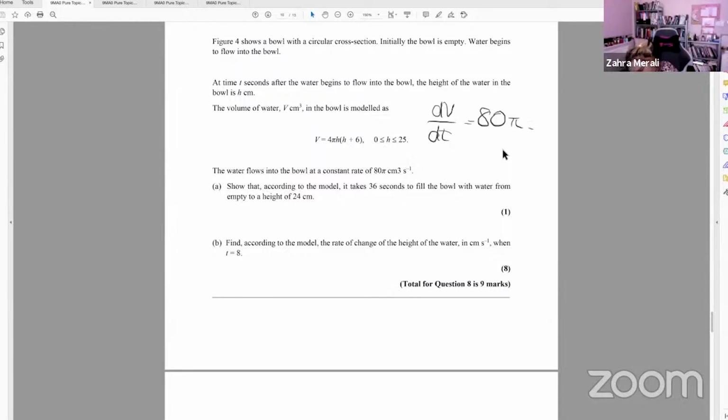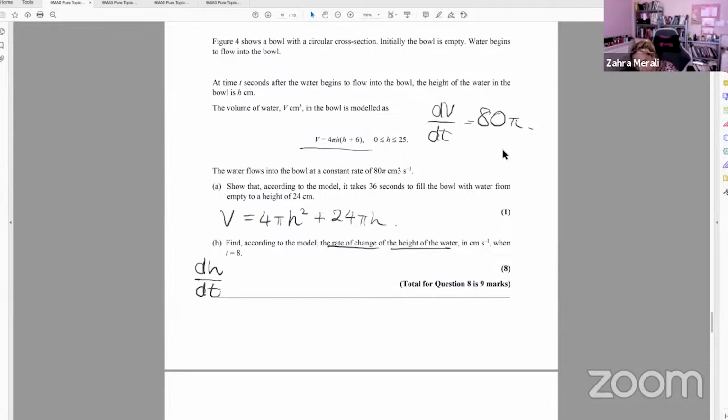So we want the rate, so we see the word rate again, we want dt, but we want the rate of the height. So we want to end up with dh/dt. We know from this bit here, V equals, we could open out those brackets, 4πh² plus 24πh.